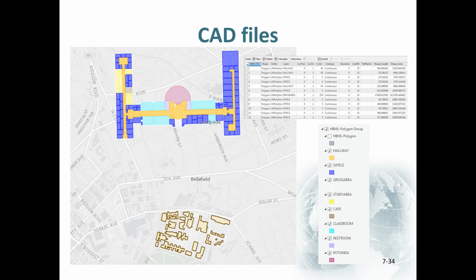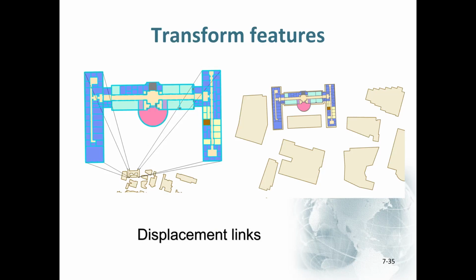Once we find some error, we can still add it the same way here. Some of the shapes have already been digitized and converted to shapefile, which will allow us to edit them. So we use these displacement links to match our buildings in our map.